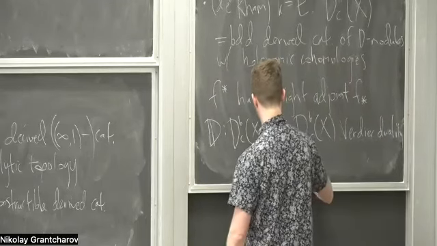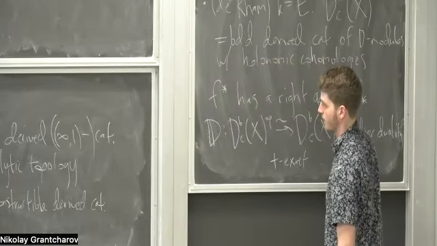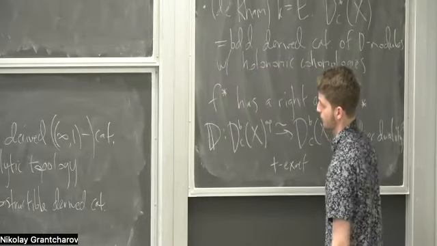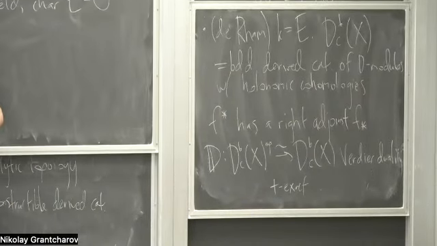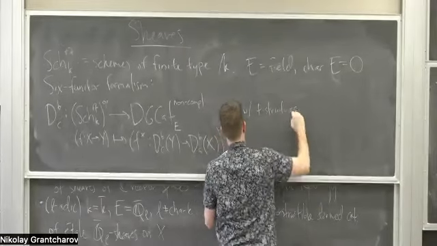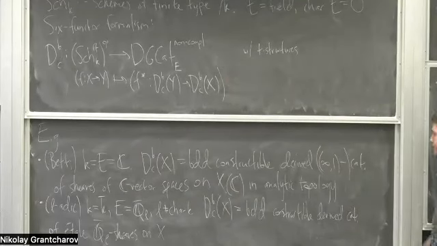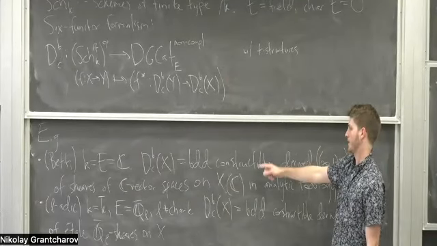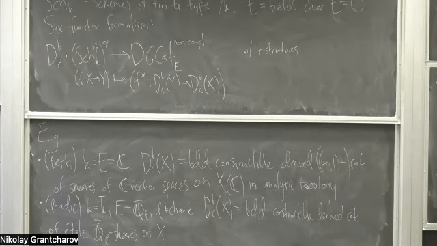I didn't say, but all these categories have t-structures. Here I consider the perverse t-structure in these two examples and the naive t-structure here.